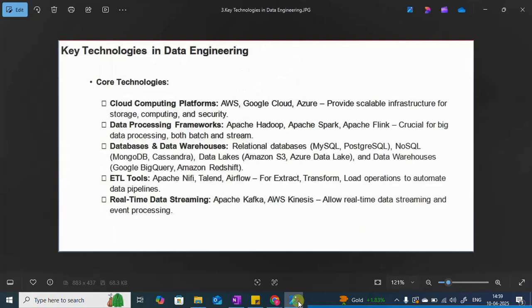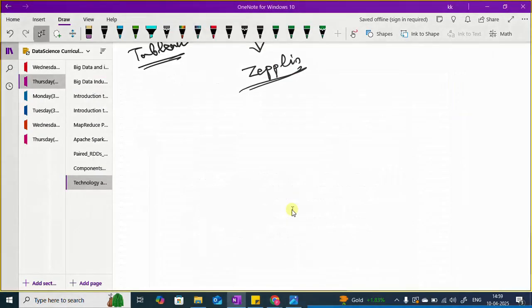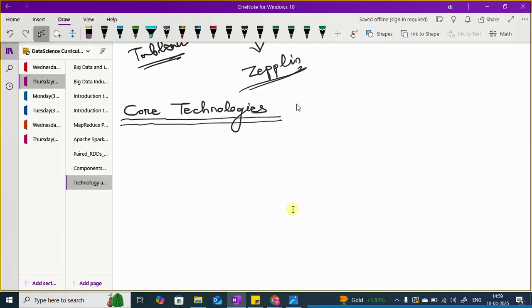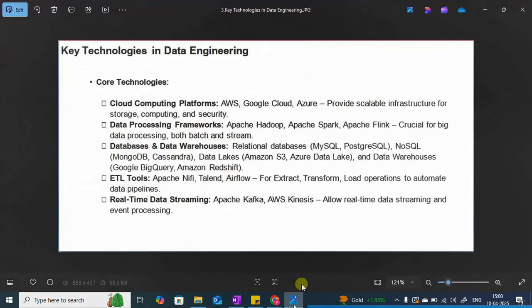Coming to key technologies or core technologies. First one is cloud computing platform.